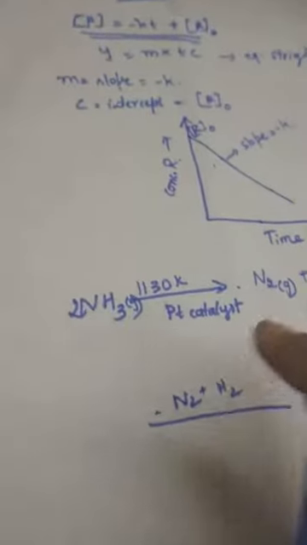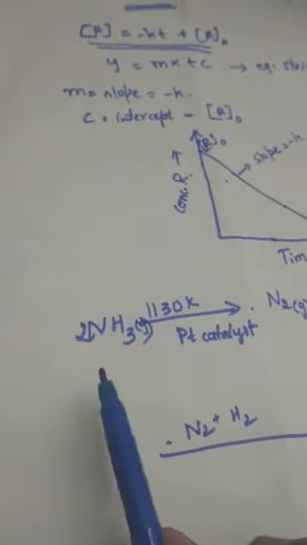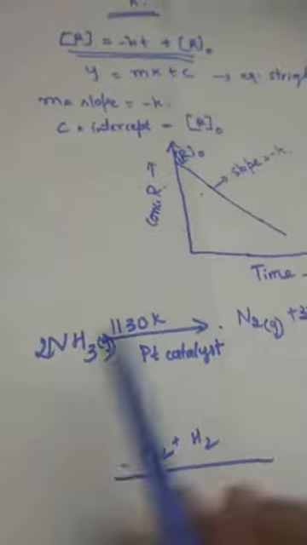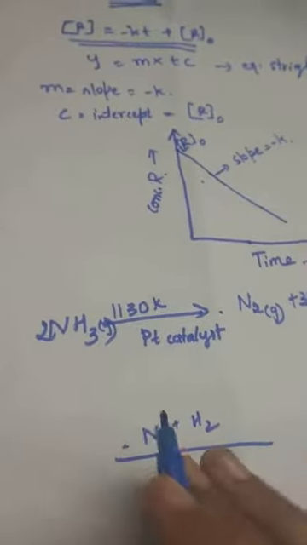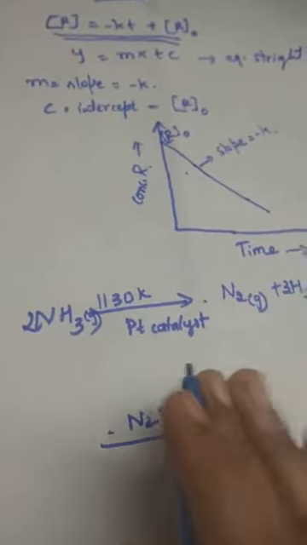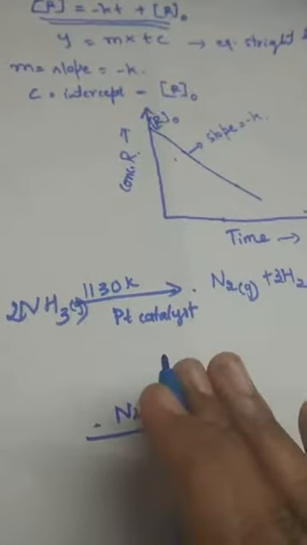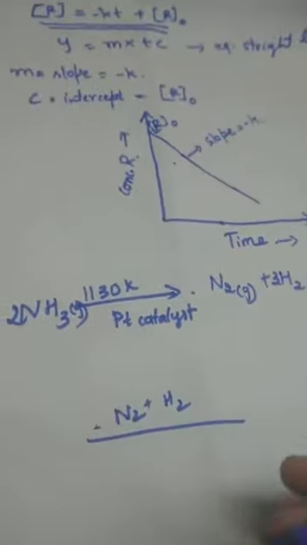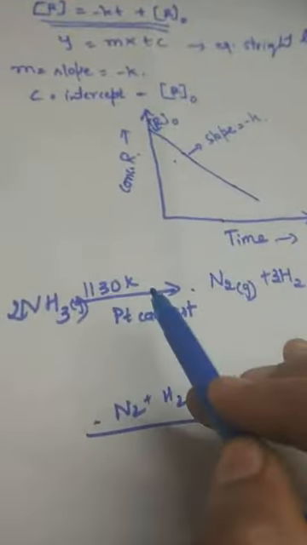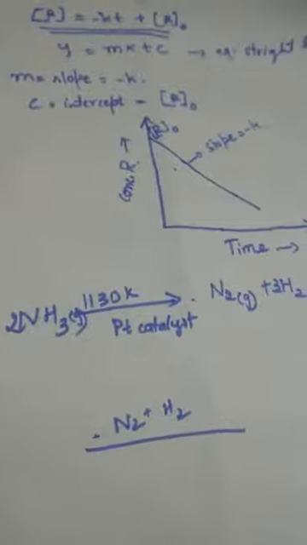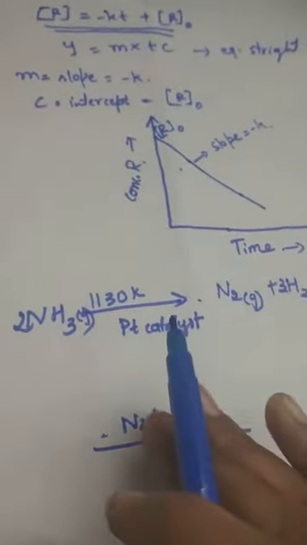Okay, so a saturated stage means a stage where no more ammonia can be decomposed into nitrogen and hydrogen. So now the amount of ammonia will be the same. Even if we alter the reaction condition, the concentration or amount of ammonia is the same.